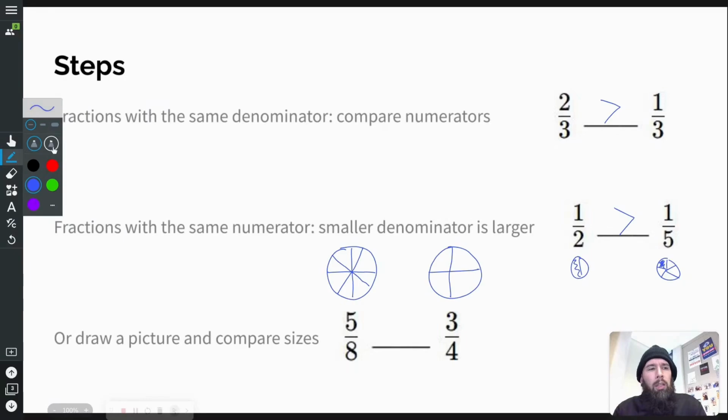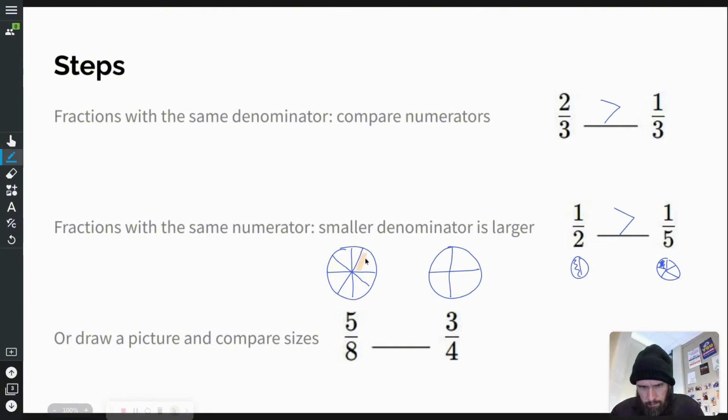And I'm going to shade what I need to shade. 1, 2, 3, 4, 5. So that leaves me with that little chunk right there. 1, 2, 3.